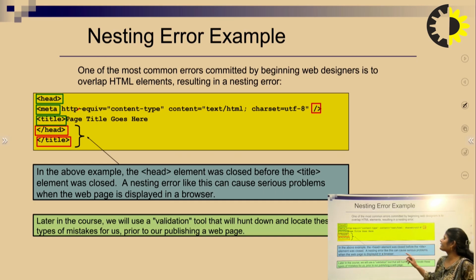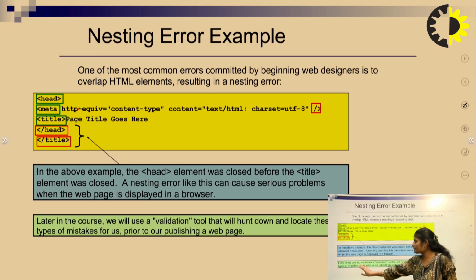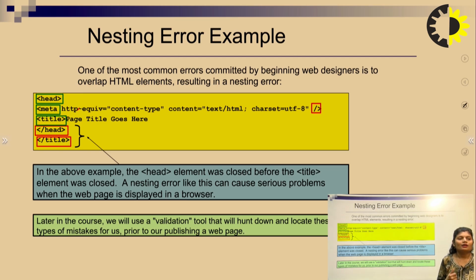A nesting error like this can cause a serious problem when the web page is displayed in a browser. Okay, later in the course, we will use a validation tool that will hunt down and locate this type of mistake for us prior to our publishing a web page. Before publishing a web page, we use validation, which tells us about these types of errors. Okay.